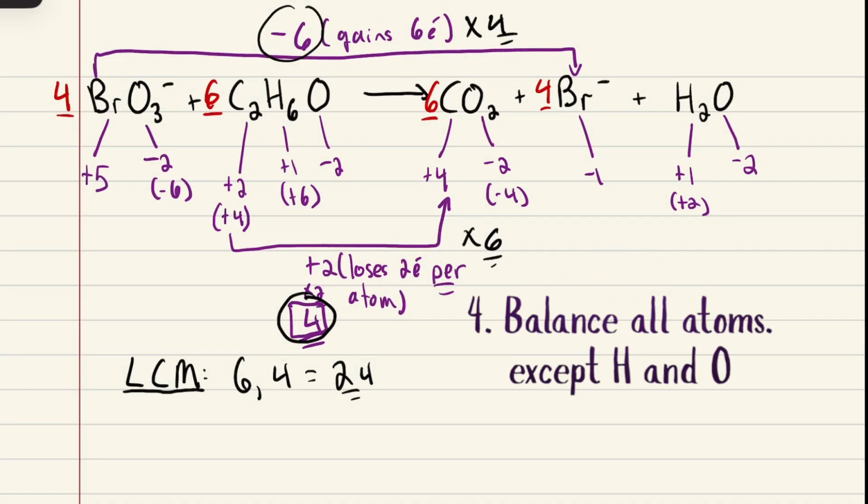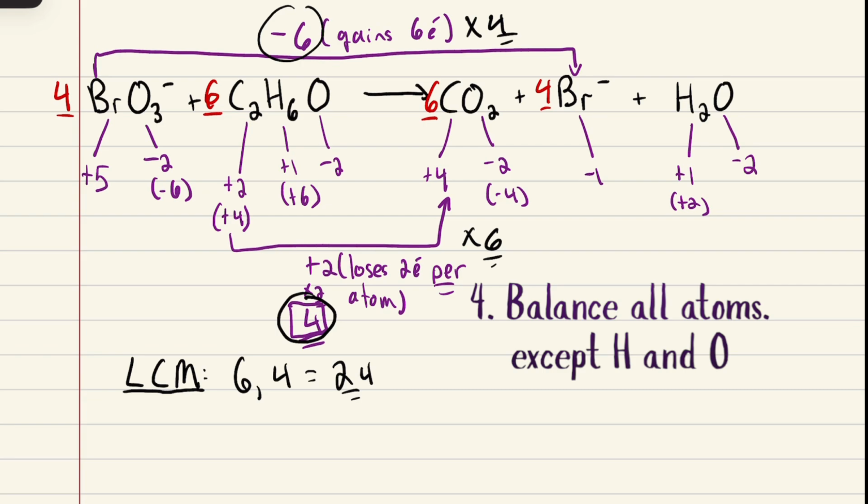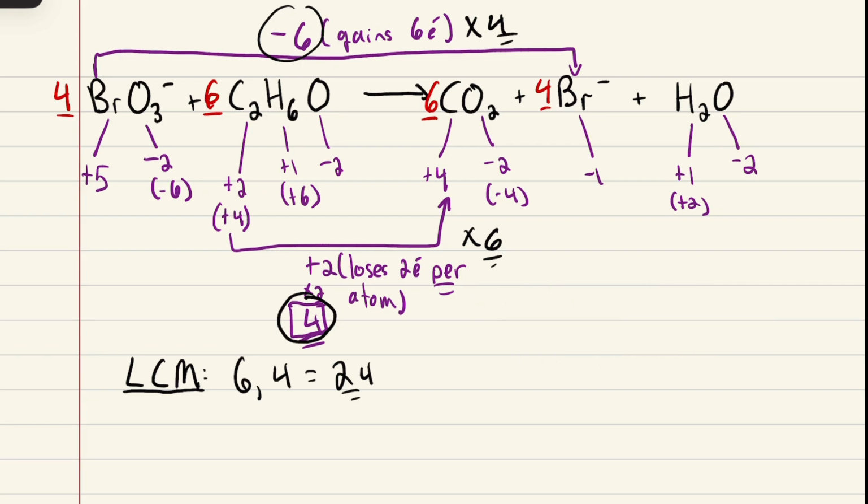Now we're going to balance all the non-oxygen and hydrogen atoms the same way we would balance them in a normal chemical reaction. So if I look here, if I start with the bromines, I got 4 and 4 here, so those are okay. And then for carbon, I have 12 on this side and 6, so I'm going to scratch that out and put 12. And then that would make the reaction so far this.